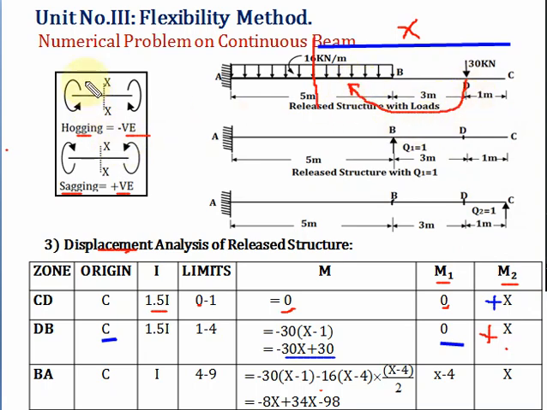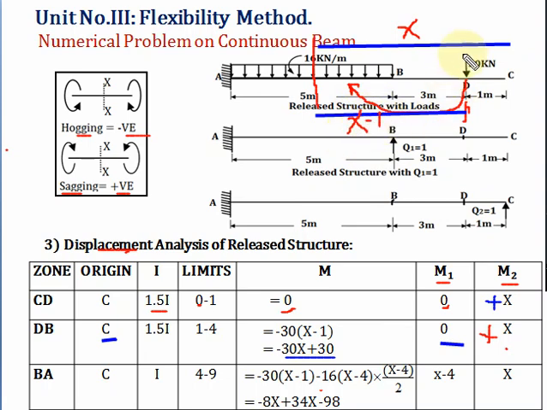On the right hand side, the nature of bending moment will be hogging, so minus 30. The intensity is 30, and we have to calculate this distance. This distance is x minus 1.